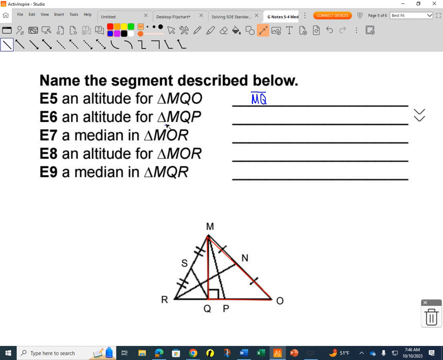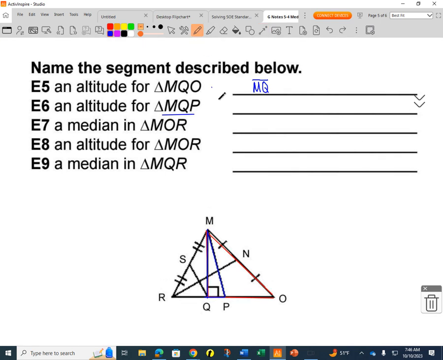So triangle MQP. So MQP, the altitude, remember, is from a vertex. So it's from this vertex to the opposite side and it's perpendicular. It's also going to be MQ.